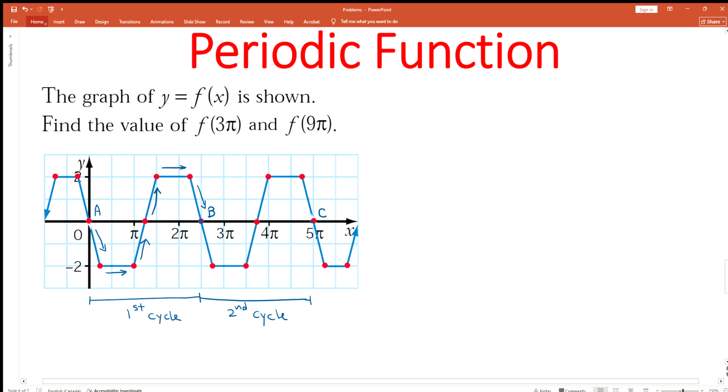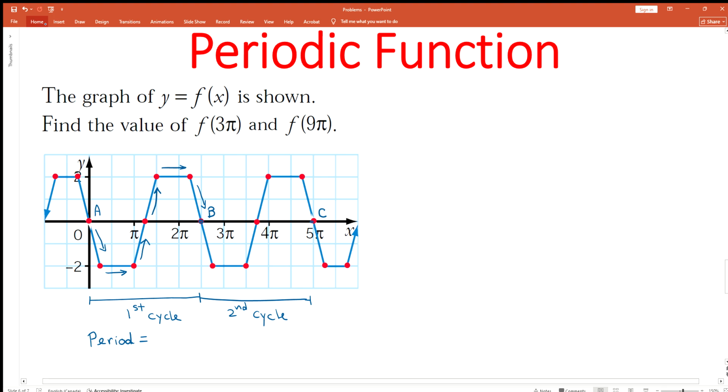We can use this information about the cycles to find the period of the function. Period represents the length of one full cycle. We can analyze the first cycle to find the period. The cycle starts at point A and ends at point B. The distance from A to B is 2.5 pi because point B lies between 2 pi and 3 pi.